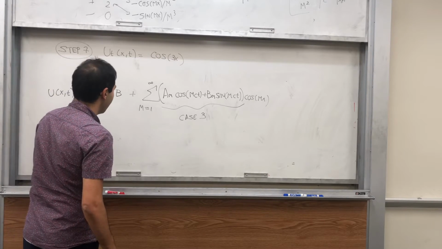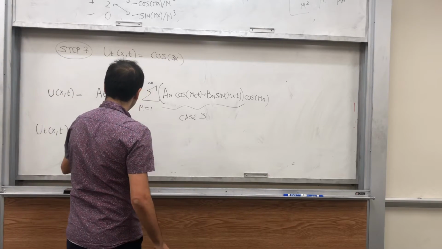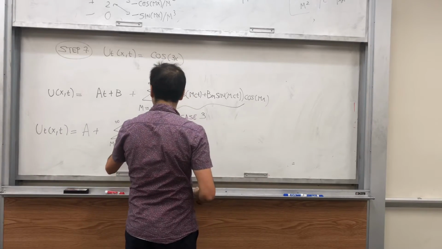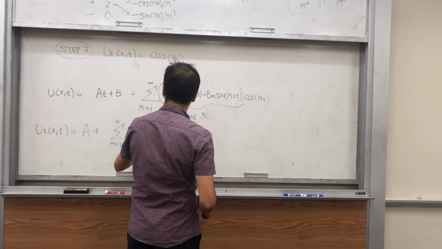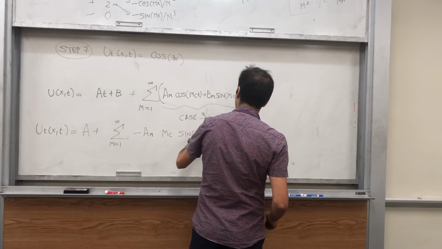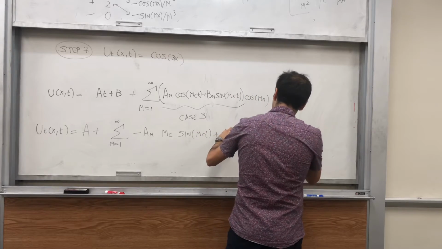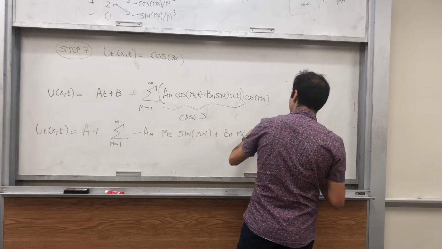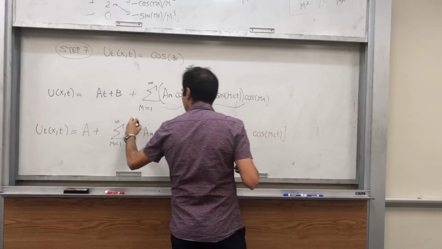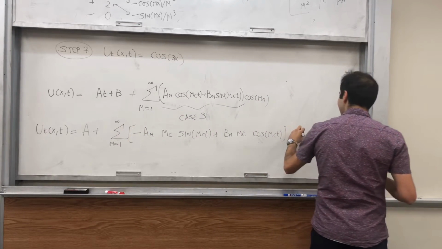That becomes a plus the sum from m equals 1 to infinity of, I believe, minus am mc sine of mct plus bm mc cosine of mct, times cosine of mx.